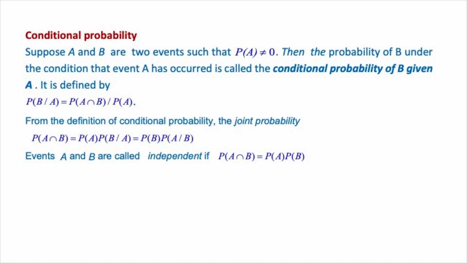That is, the probability of the intersection of A and B, normalized by P(A), will give us the conditional probability. Similarly, we can define P(A given B).